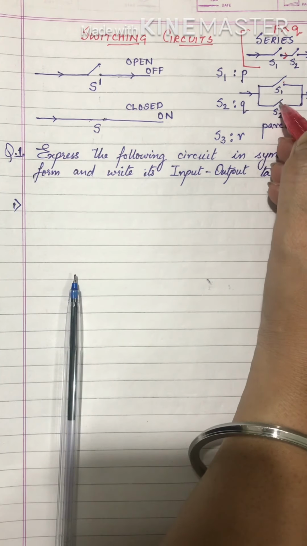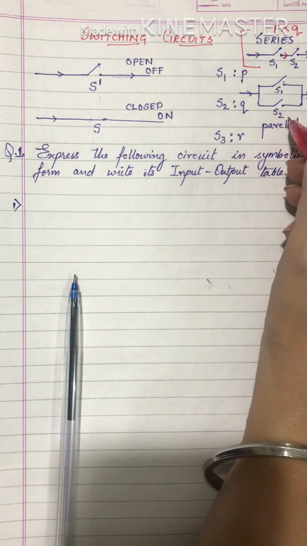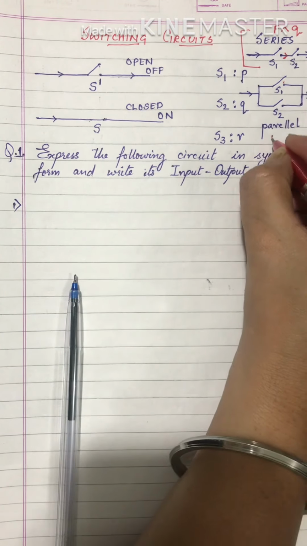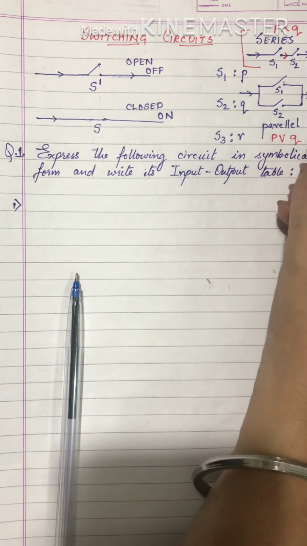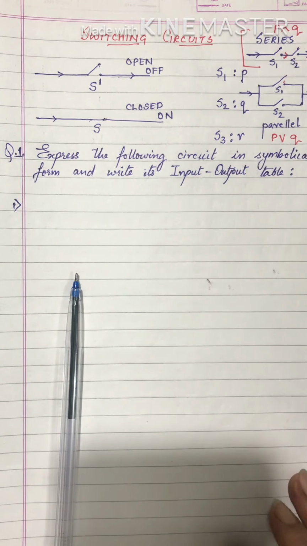So here either of these two should be closed. We can represent it using the connective OR: P or Q. So these were the basic notations which we need to know before starting the sums.